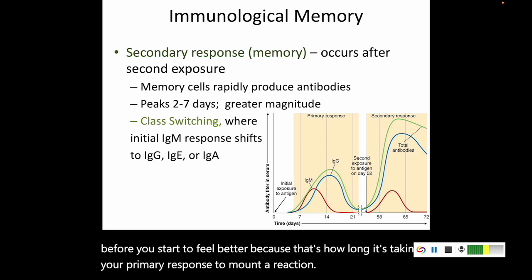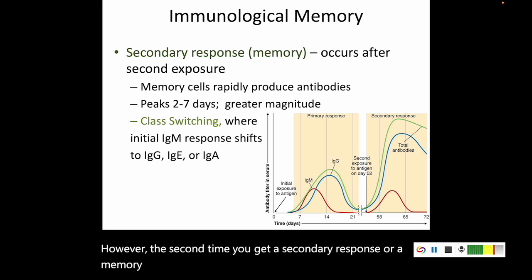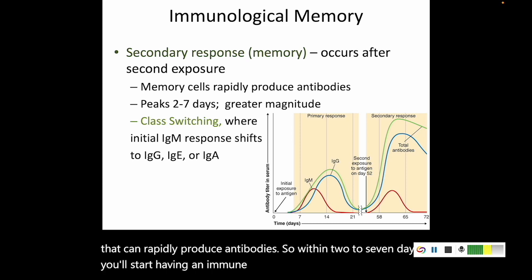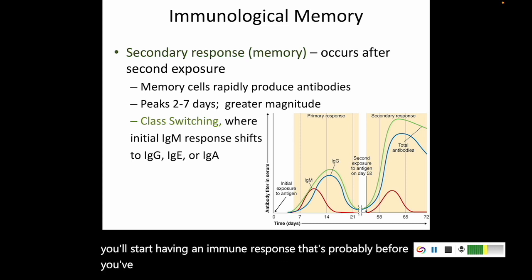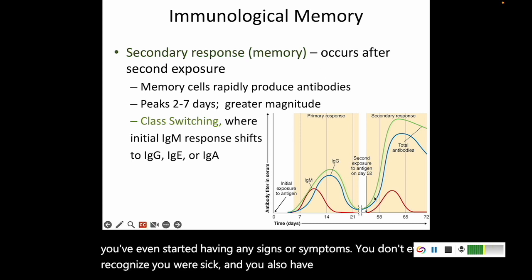However, the second time, you get a secondary response or a memory response. So you already have memory cells in your body that can rapidly produce antibodies. So within 2 to 7 days, you'll start having an immune response. That's probably before you've even started having any signs or symptoms. You don't even recognize you were sick. And you also have a much greater response.